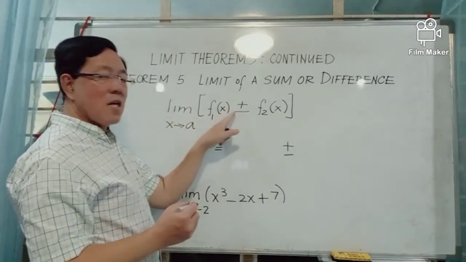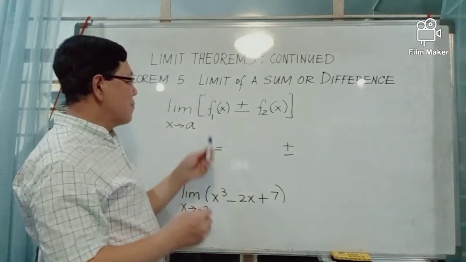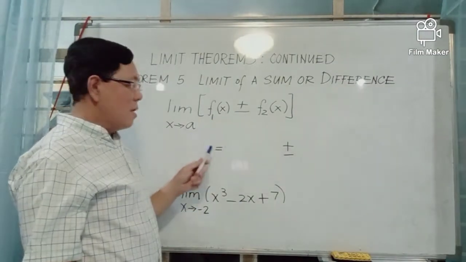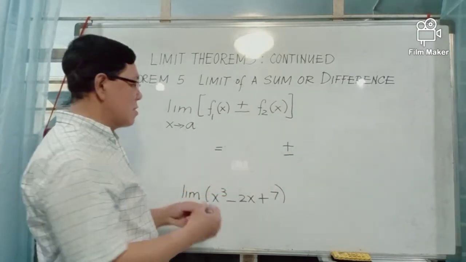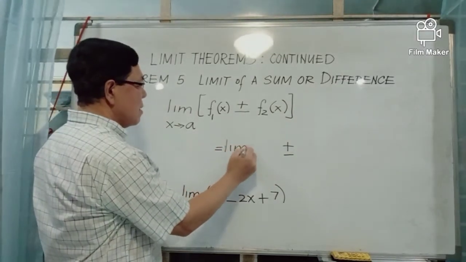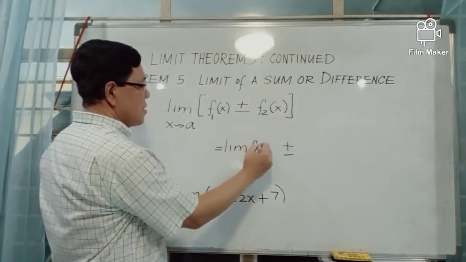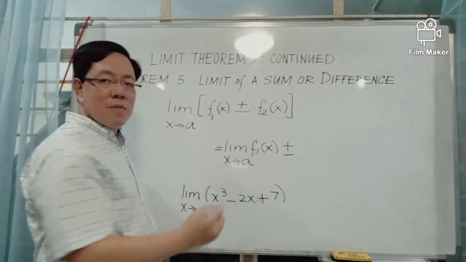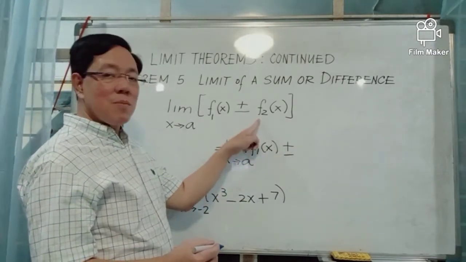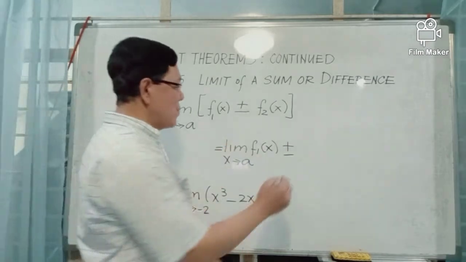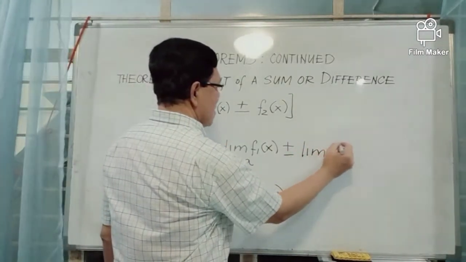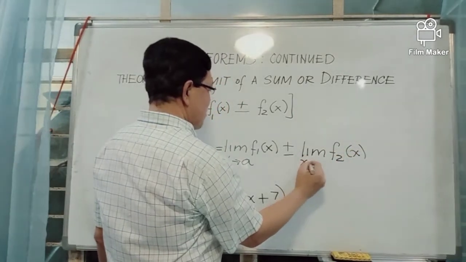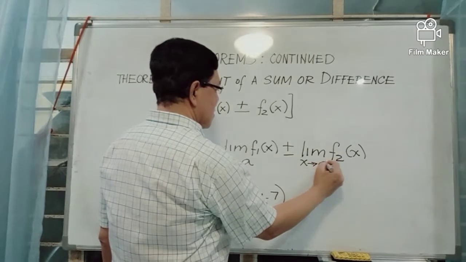So the limit of a sum or difference of these two functions, f sub 1 and f sub 2, as x approaches a is equal to the sum or difference of the limit of the first function, f sub 1 of x, as x approaches a, plus or minus the limit of the second function, f sub 2 of x, as x approaches a.